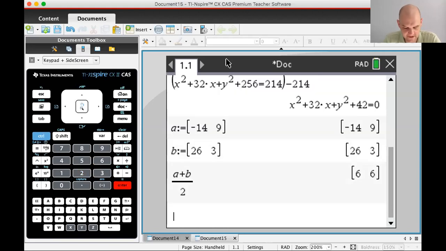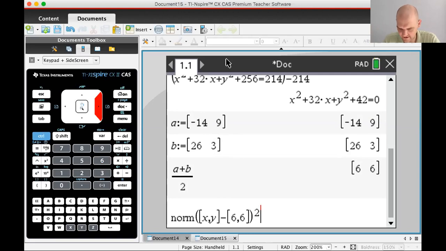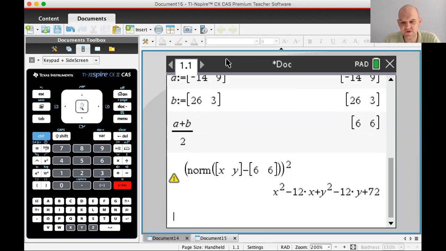Then I'm going to do something really weird. What if I did the norm of (x, y) minus the center, which is (6, 6)? So that's (x - 6, y - 6). Then I'm going to find the norm of that, and I want to square that. This is getting complicated. Okay, that gives me that.